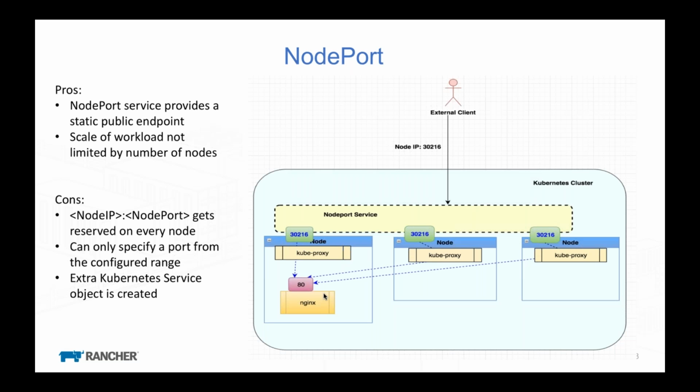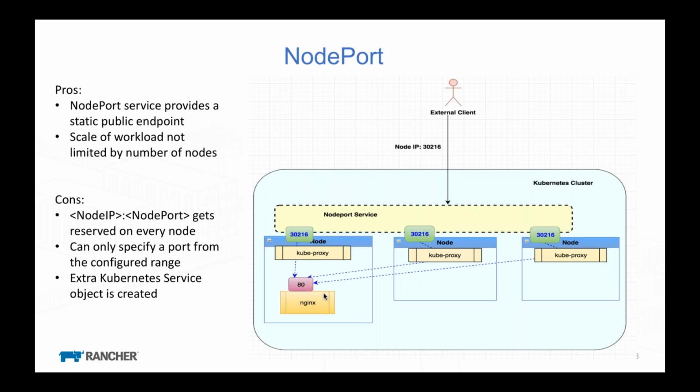Node port is nothing but a Kubernetes service type. When you specify that a node port is needed for your workload, what you are creating is a service object of type node port, and Kubernetes will basically reserve the node port that you want on each node in your cluster.